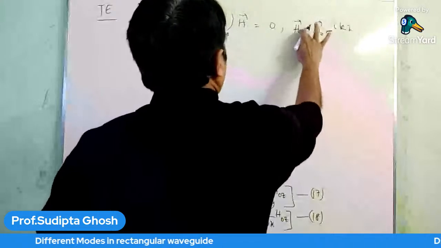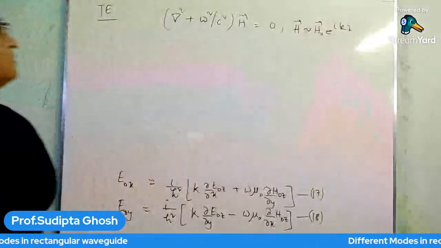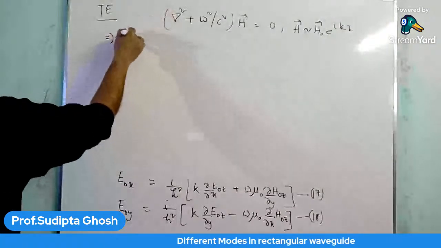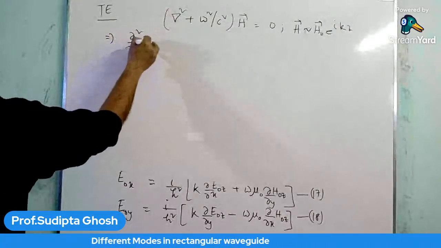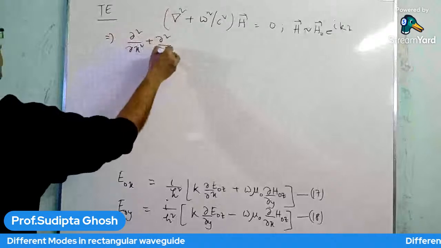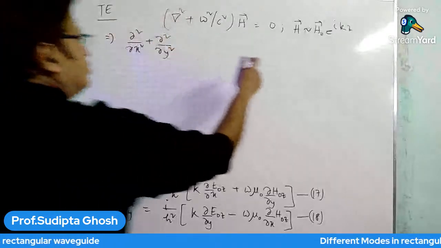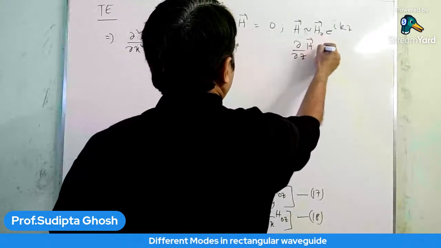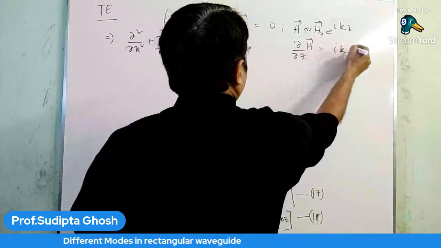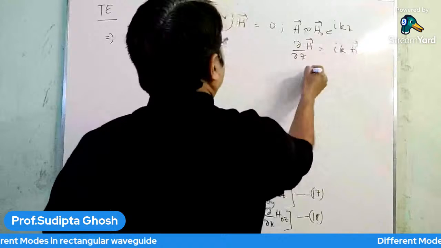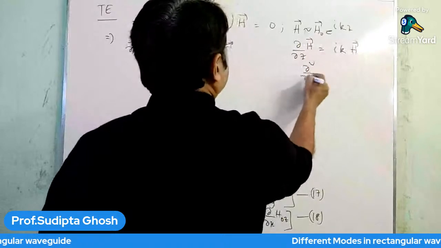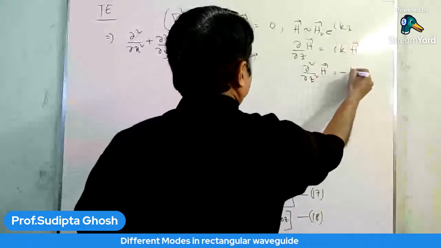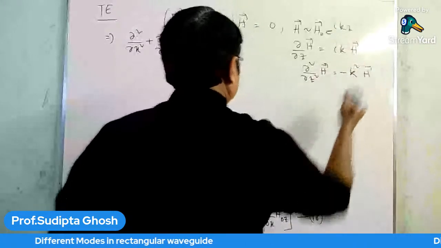By expanding this, del square means del 2 del x2 plus del 2 del y2 and then del 2 del z2. So del z of H, we have i k H, and del 2 del z2 of H will be i square, that is minus k square into capital H.